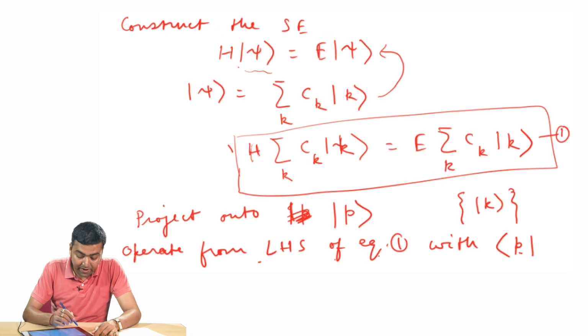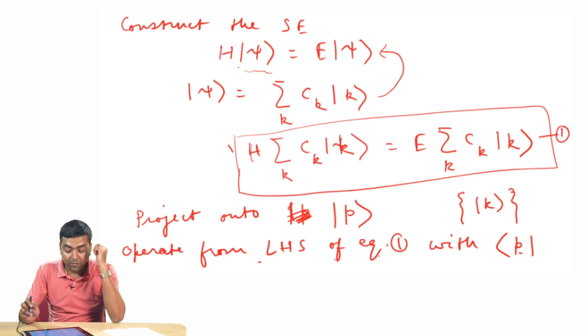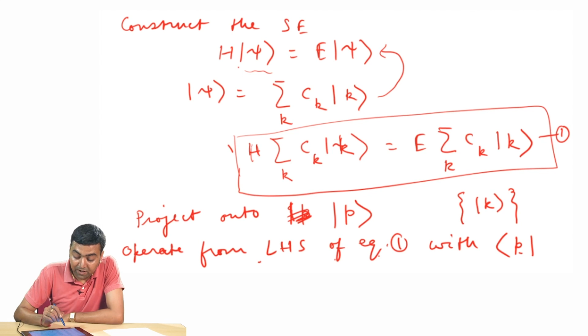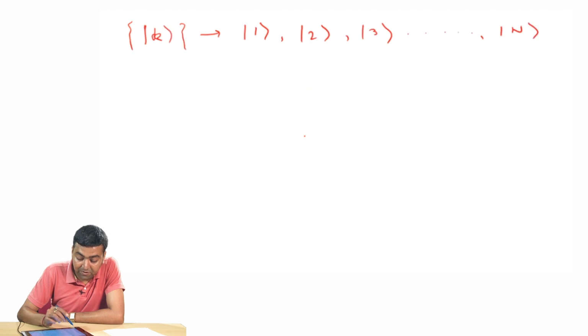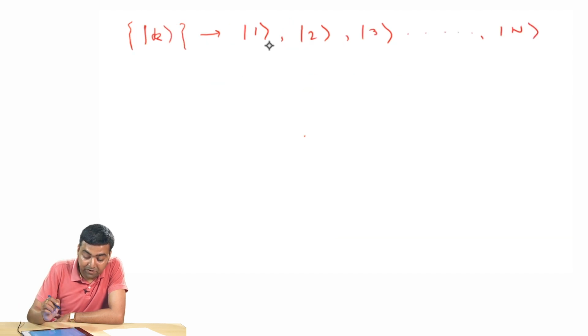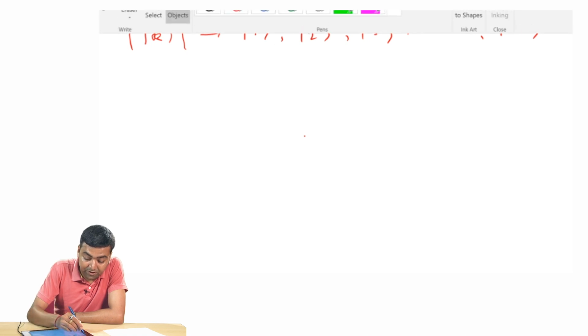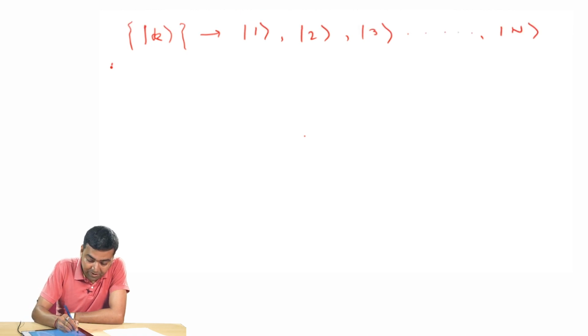So, if I go back, my recipe, if you remember, was I take any arbitrary basis vector which belongs to this family of basis vectors denoted by k, and I project this whole equation on that. So, suppose first I do the projection taking this basis vector 1. So, if I project it using 1, suppose my p is now equal to 1.